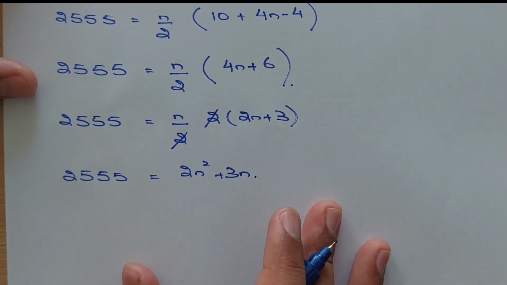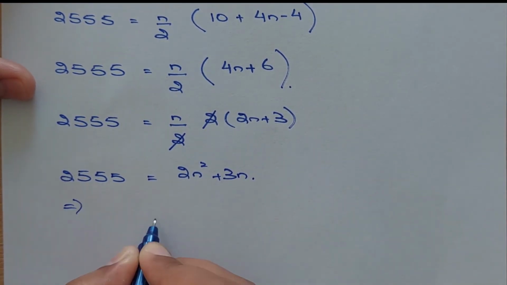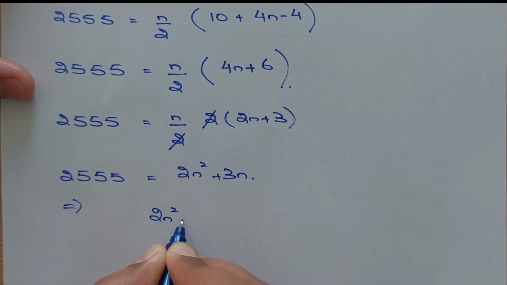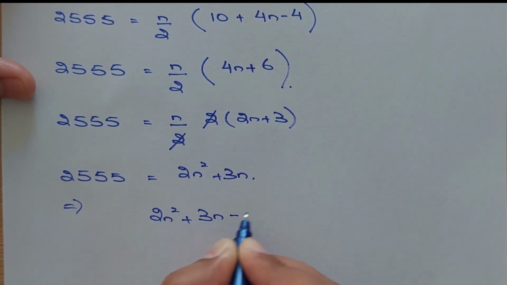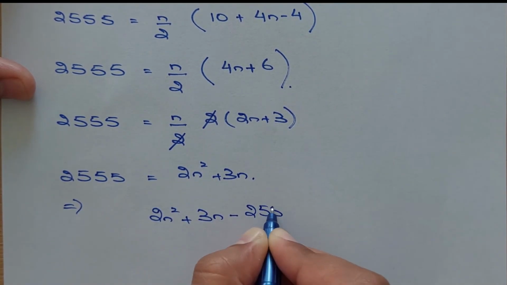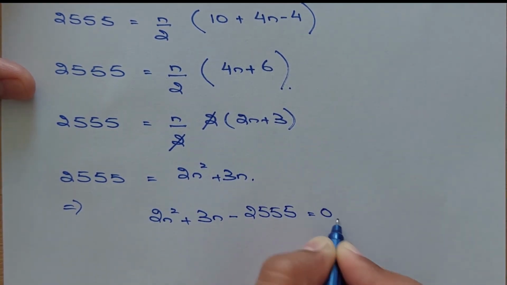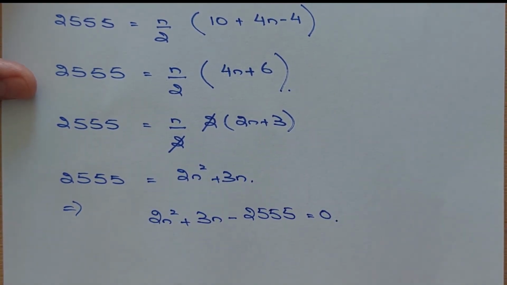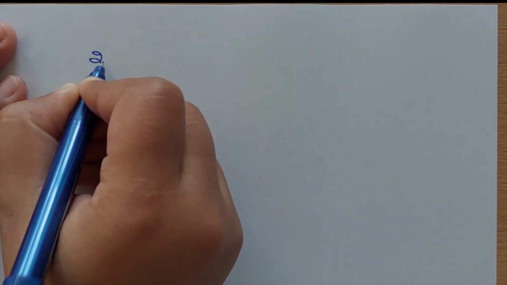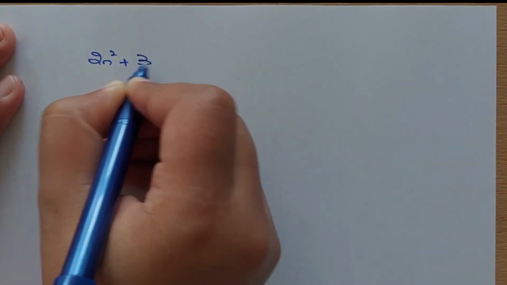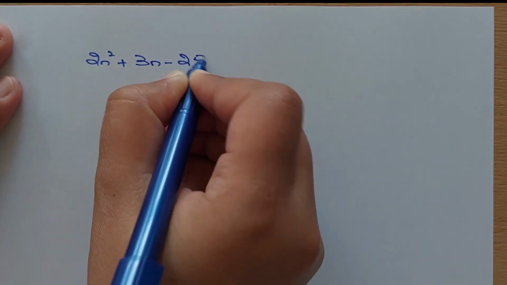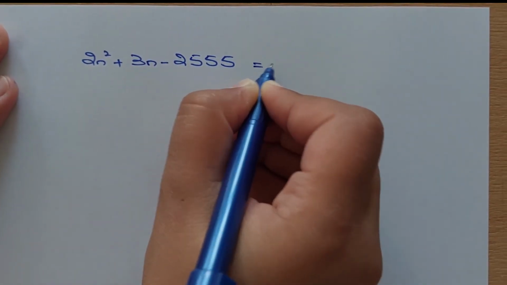Let me rearrange. This will be a quadratic equation in the variable n: 2n square plus 3n minus 2555 equals 0. So let me get the value for n by using the quadratic formula. We have the equation 2n square plus 3n minus 2555 equals 0.